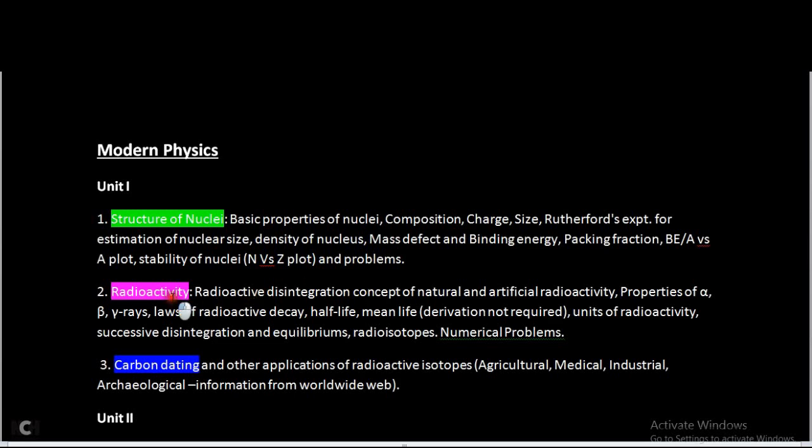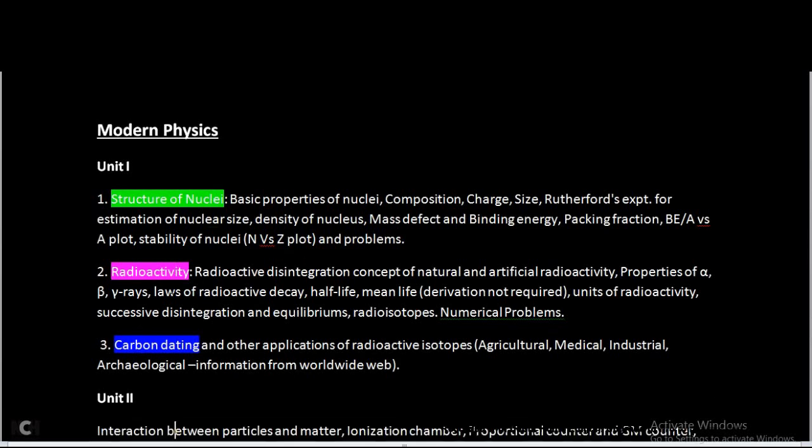Then radioactivity, that chapter also you have studied. We have alpha, beta, gamma, which we compared in the previous year. This year also you have to elaborate some more, with numerical problems and all. Then carbon dating. Okay, the carbon dating concept is there.